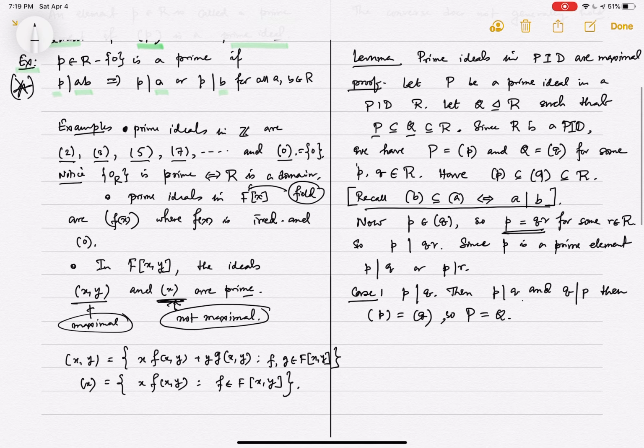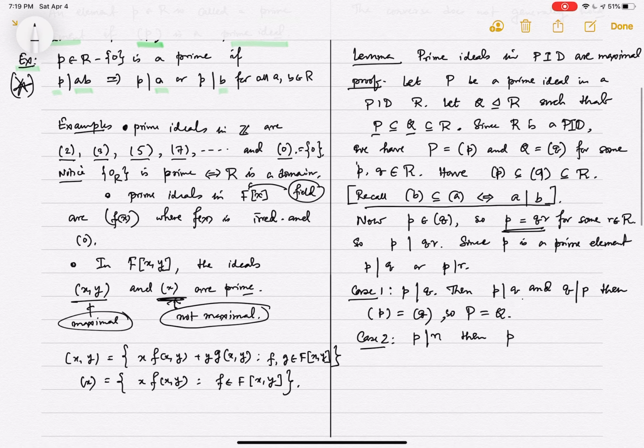And in case 2, what do I get? If p divides r, then what does that mean? That means r is p times something, some s in the ring.